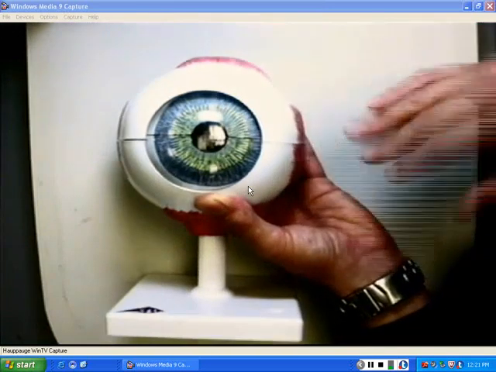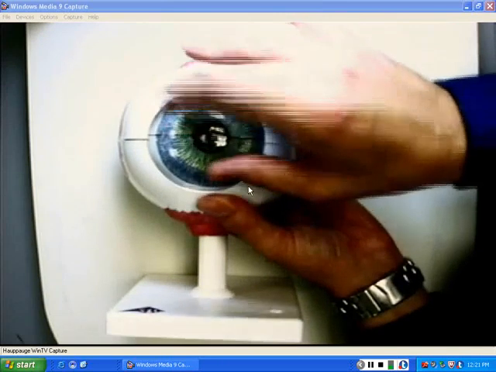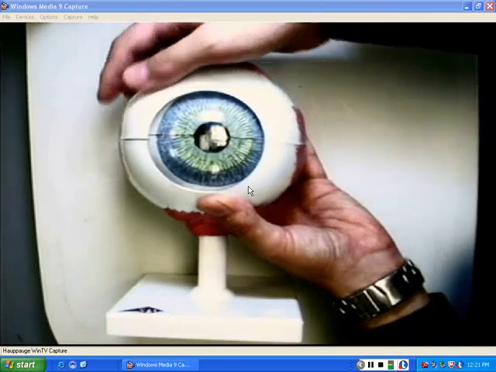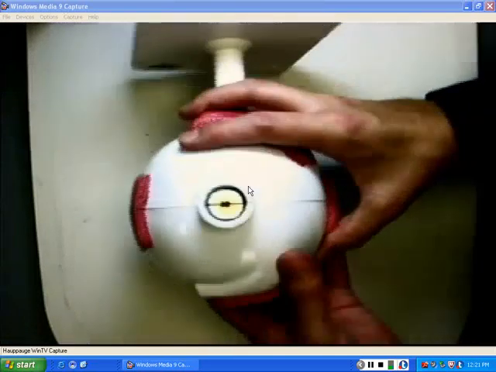So the fibrous tunic is comprised of our clear, very tough and flexible cornea and the very tough and flexible white, opaque sclera.